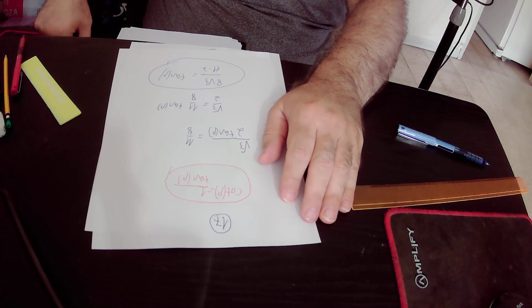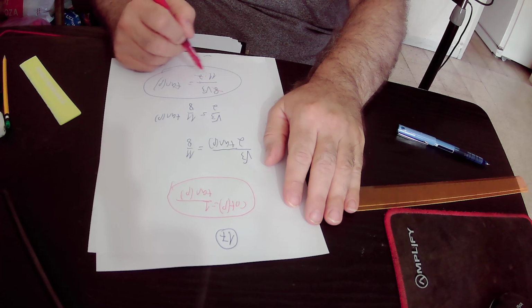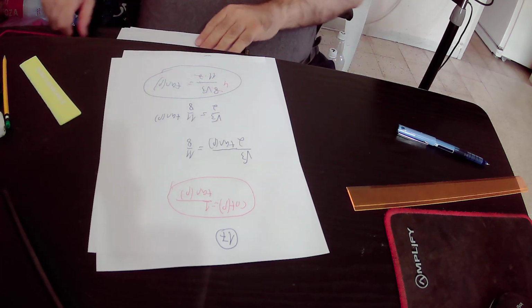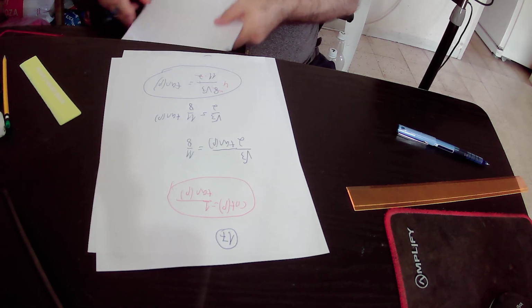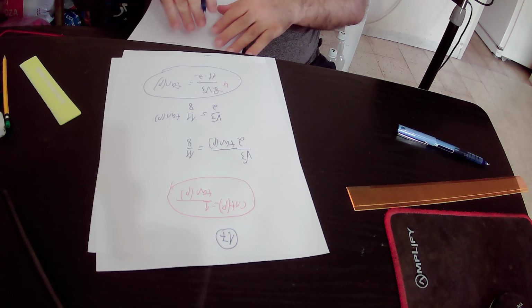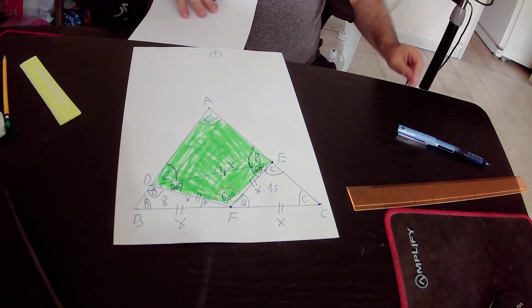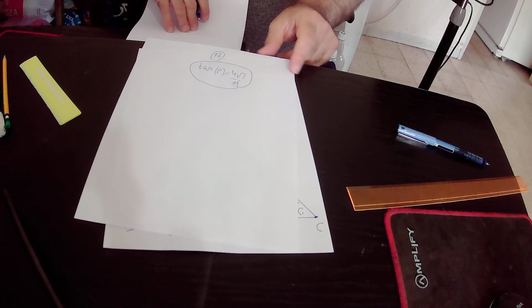Here 8 over 2 is 4. So in total we got that tangent p equals 4 times root 3 over 11. So we actually found the value of tangent p.